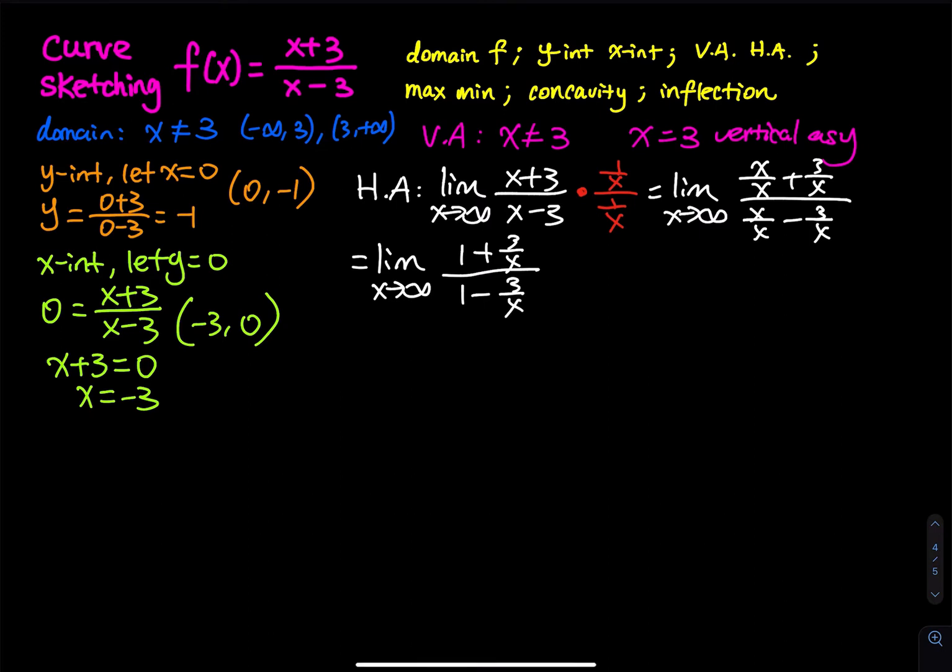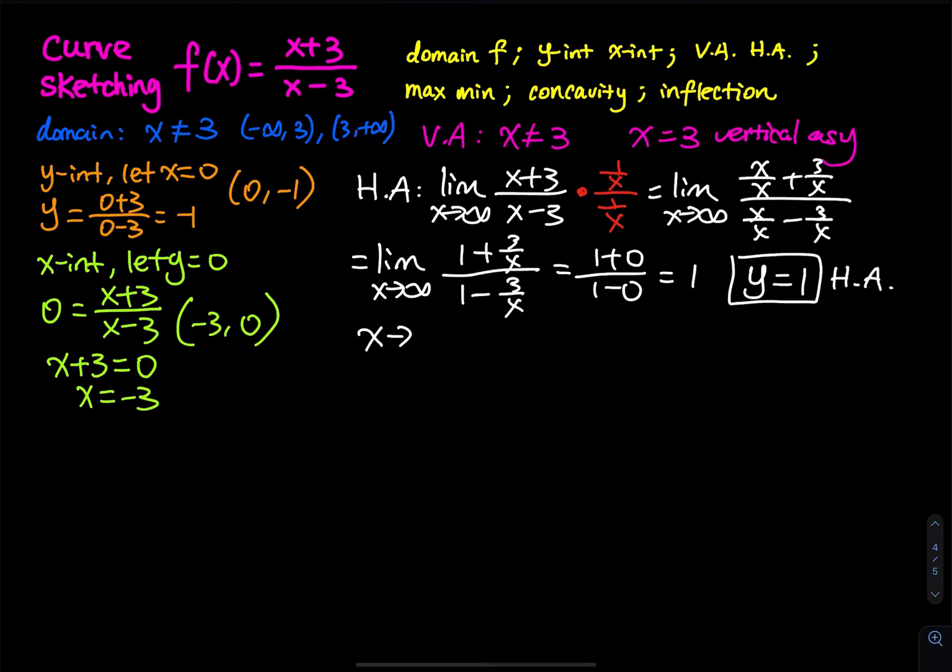As soon as x goes to infinity, then you have 1 plus 0 over 1 minus 0, so you have a 1. So the horizontal asymptote is y equals 1. As x approaches negative infinity, you get the same thing. y approaches 1. So the horizontal asymptote is y equals 1.